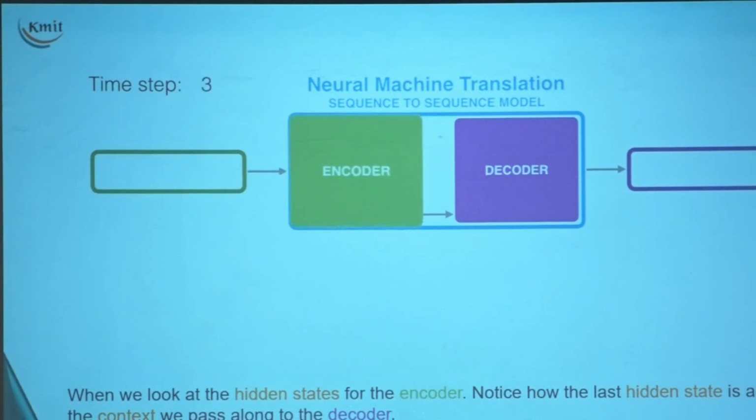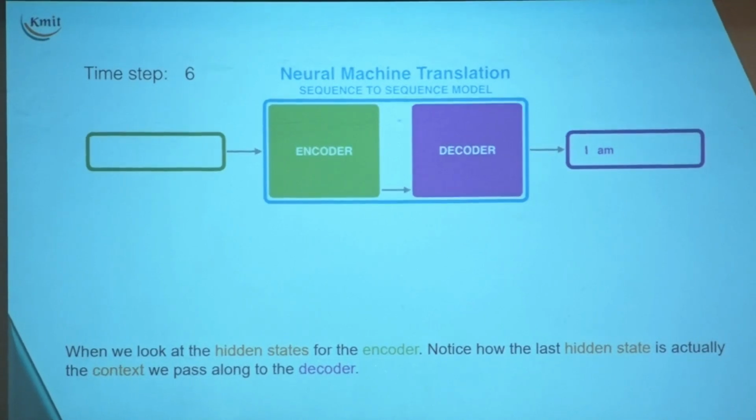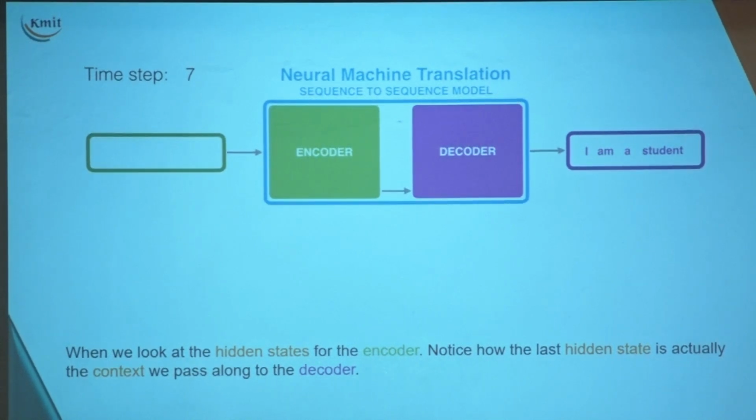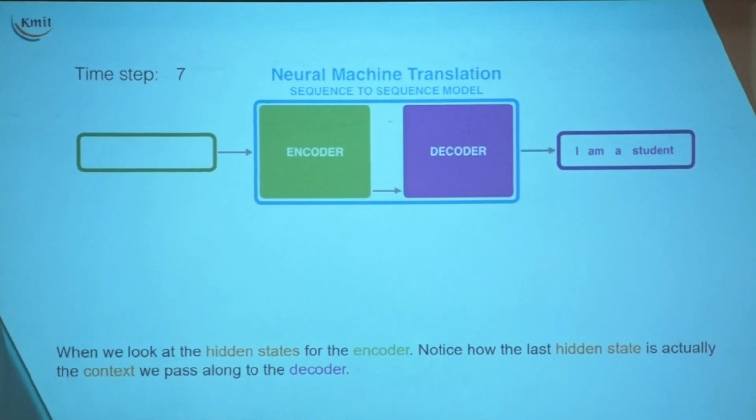In the second hidden state, the second word. Third hidden state, third word. After the third hidden state, I'll generate what? The context vector, which would be given to the decoder, where I am generating the output. Are you all clear with this? Yes or no? So what is happening here? Sequential operation. First hidden state will take what? The first word. Second hidden state will take what?